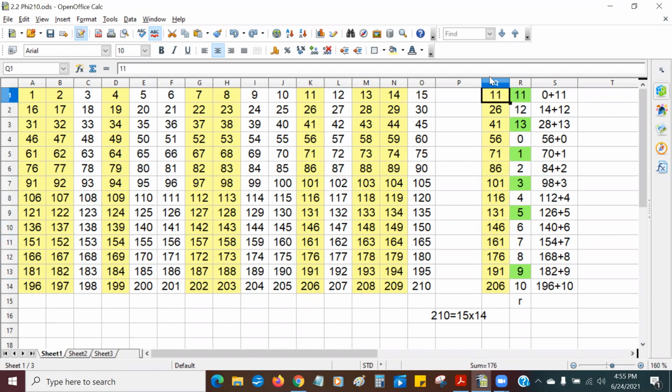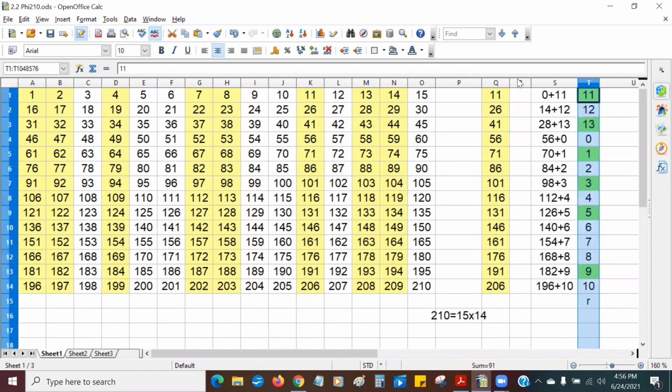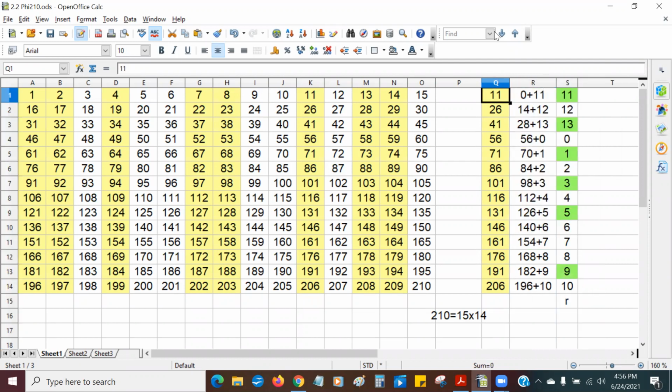Now, 11 is 0 plus 11. 26 is 14 plus 12. 41 is 28 plus 13. 56 is 56 plus 0.